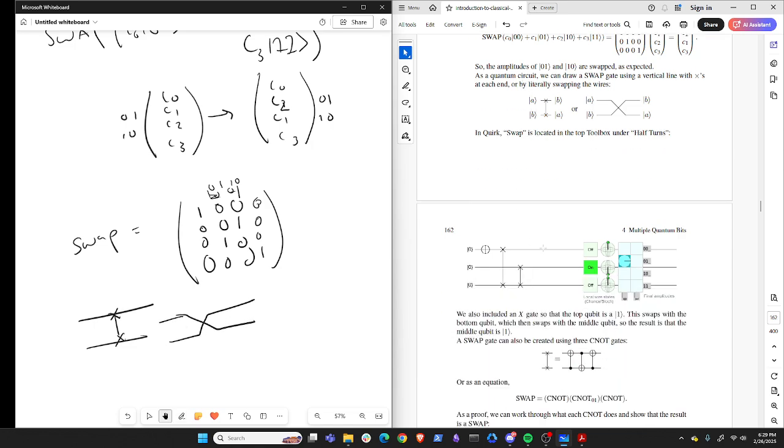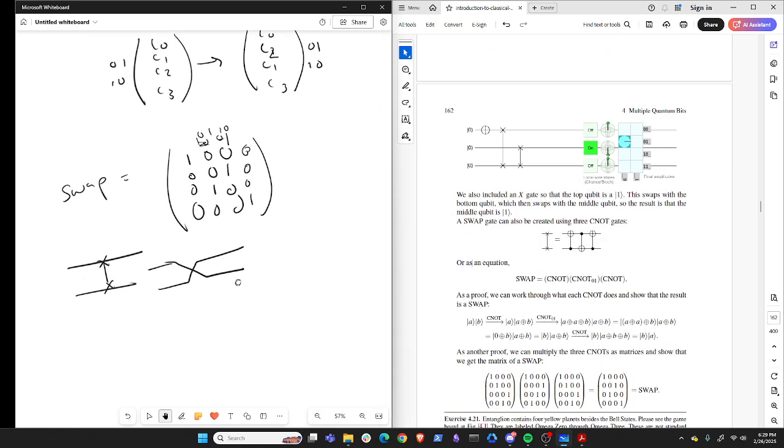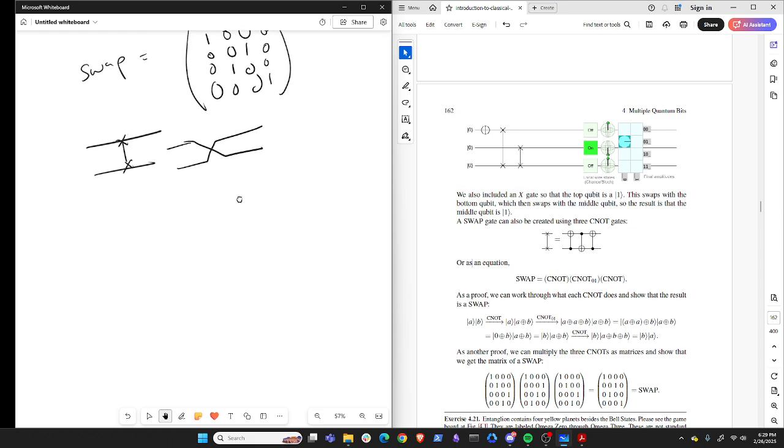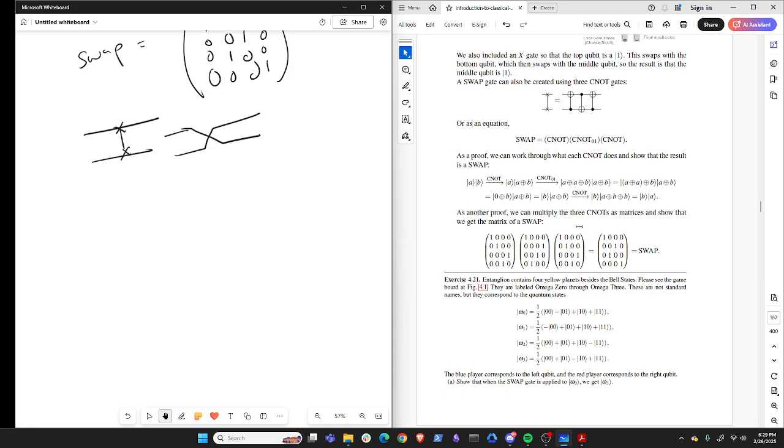We walked through the CNOT example yesterday, but you can run through that with a truth table if you want to. But 3 CNOTs conditioned on the first qubit, then the second qubit, then the first qubit again, will swap the states for 0, 1 and 1, 0.